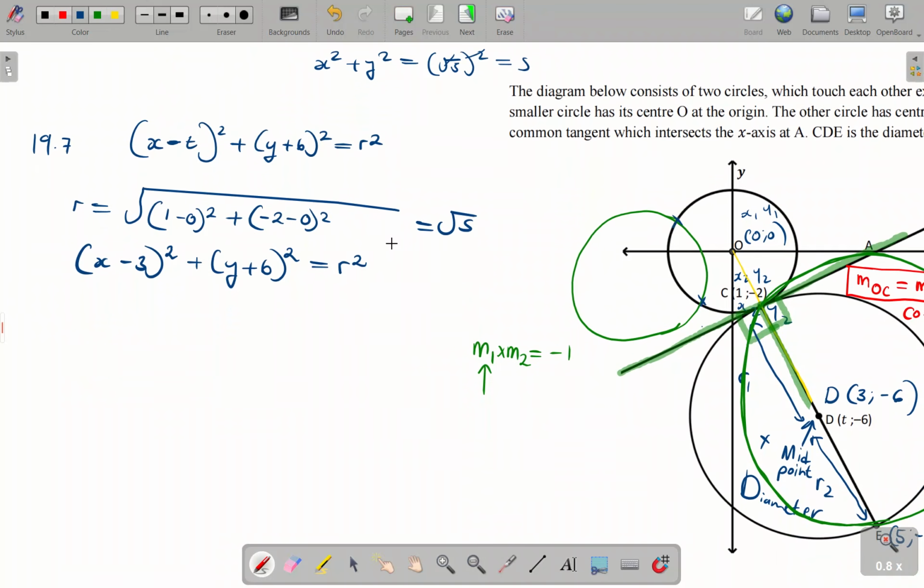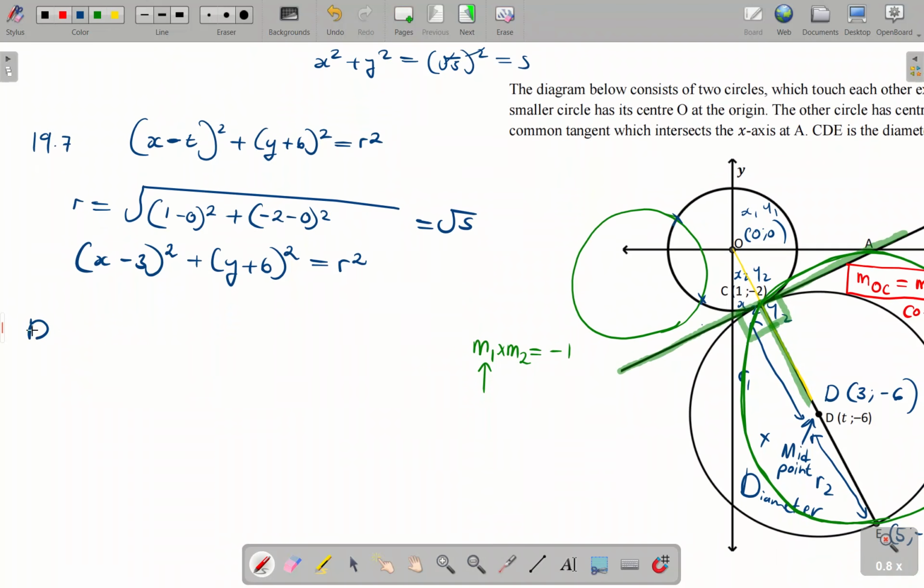To find the distance between the centers, that's D. You'll say the square root of (x2 minus x1) squared plus (y2 minus y1) squared. Let me see. This is 0, remember? So I'm just going to use these points. So x2 is 3, and x1 is 0.